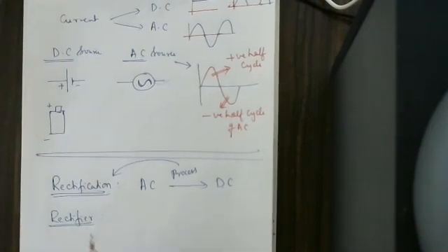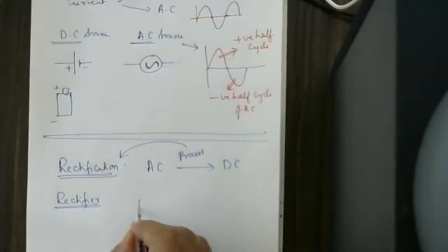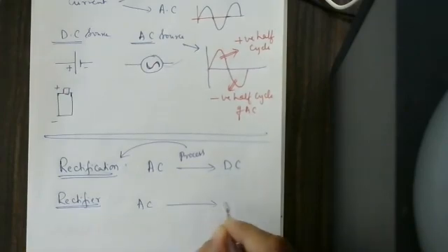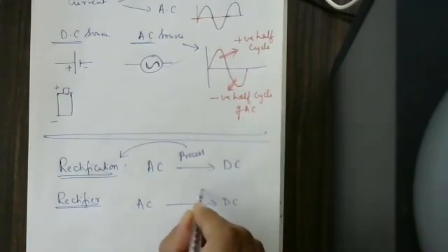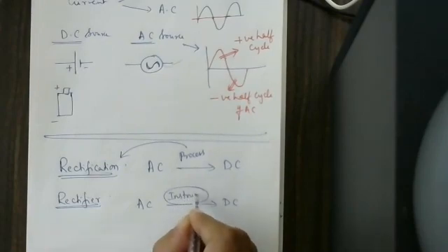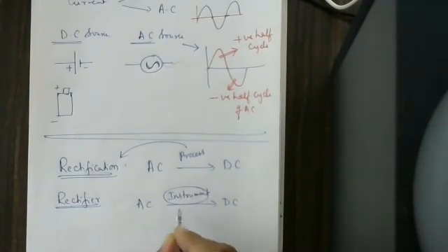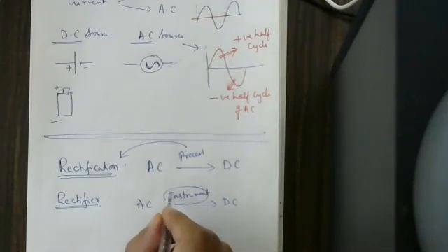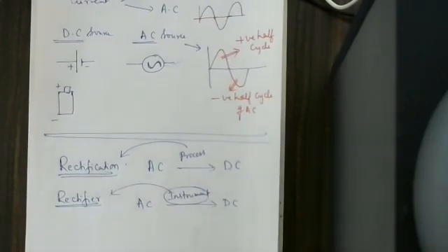If you want to convert AC to DC, we use some device, and that device or instrument is called a rectifier.